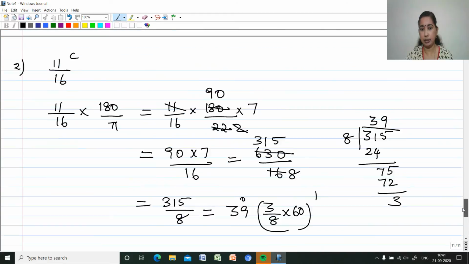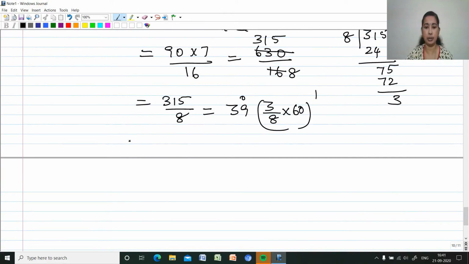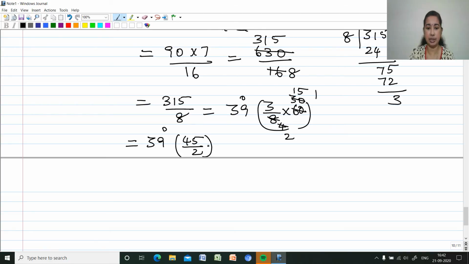So this is equal to 39 degrees, multiplying; common terms, 2 here, 2 4s are 8, 2 15s are 30. Again 2 here 2 times, 2 here 15 times. So 39 degrees, 45 by 2 minutes.